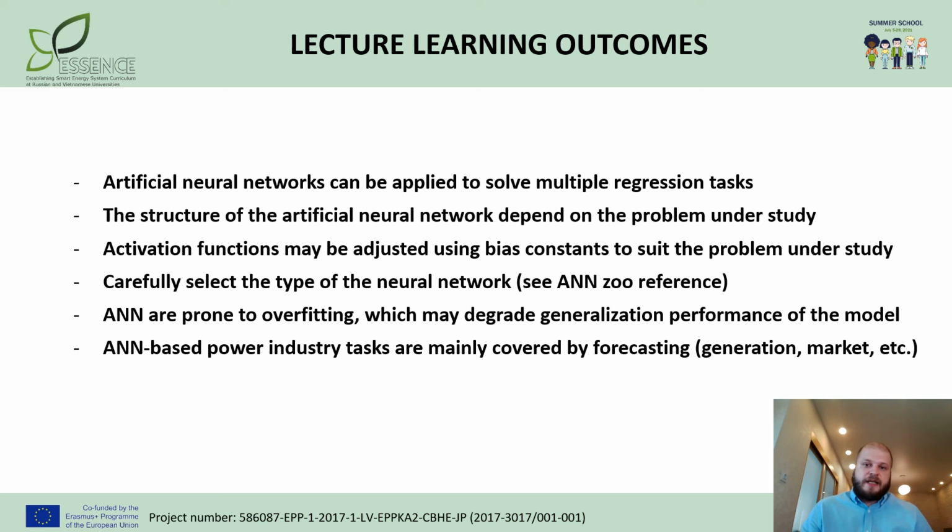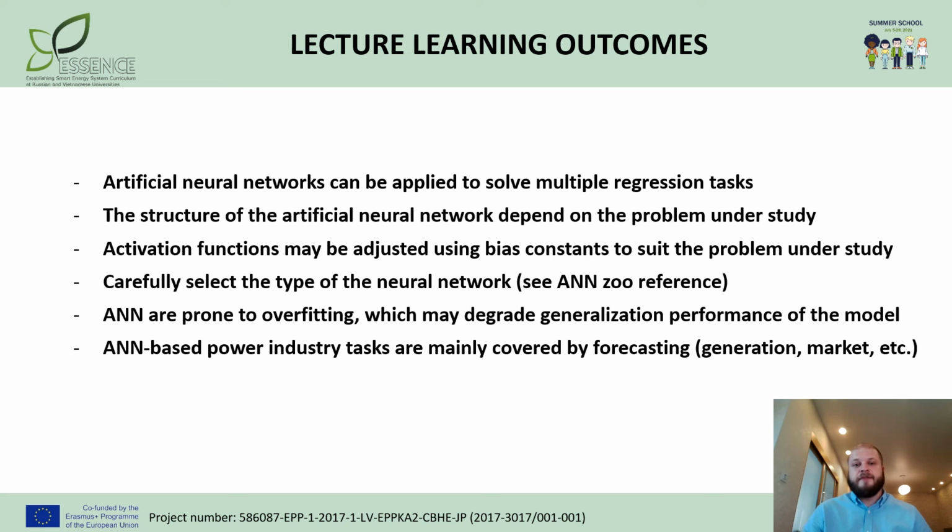Actually, the structure of the artificial neural network depends on the problem under consideration. Activation functions may be adjusted using bias constant to fit the problem under study. And it's very important. So you are free to adjust activation functions, and you are free to create the architecture of your artificial neural network to make it more efficient for the problem under study.